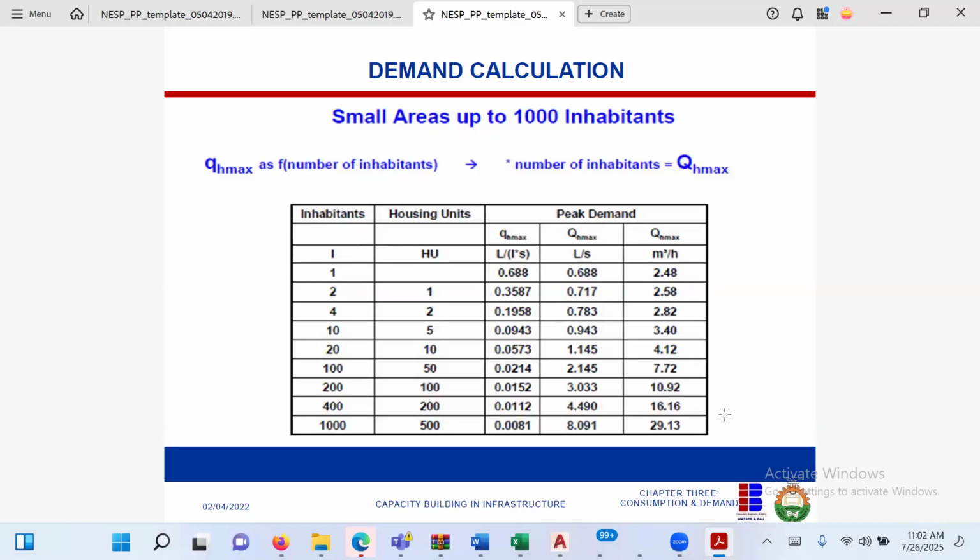Let me start with 10,000. If you are designing for 10,000 inhabitants, I might use a factor of safety of, let's say, 1.5. But if I'm designing for 1 million people, I might use a factor of safety of 1.2.